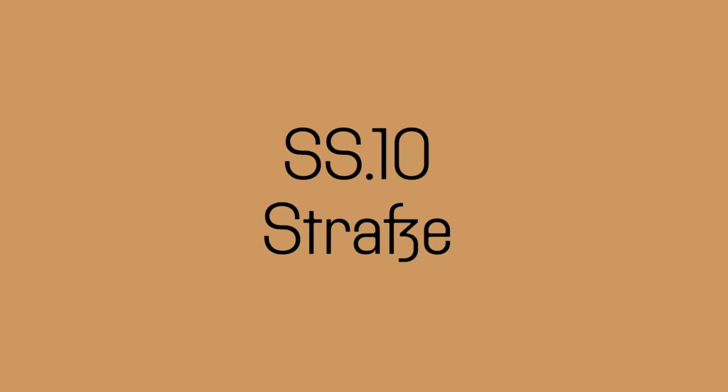Stylistic Set 10 introduces a traditional alternate construction of German sharp S, something quite unseen these days, but that was once very common. Stylistic Set 11 adds serifs to your uppercase I, turning it into a seemingly monospaced character.